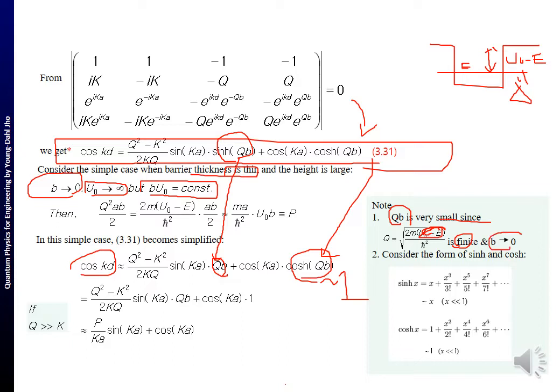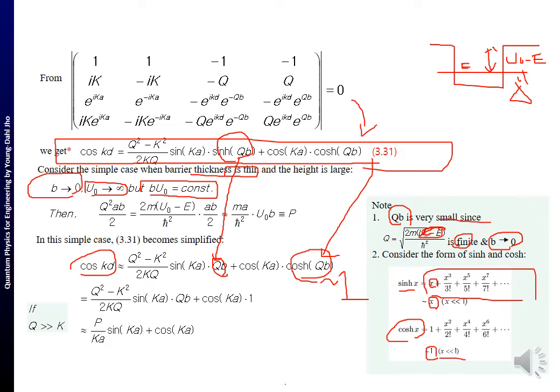And B is becoming very small, so QB is very small. You consider the sine hyperbolic function in the expansion. When x is very small, the sine hyperbolic function is the same as x. Cosine hyperbolic is approximately 1.